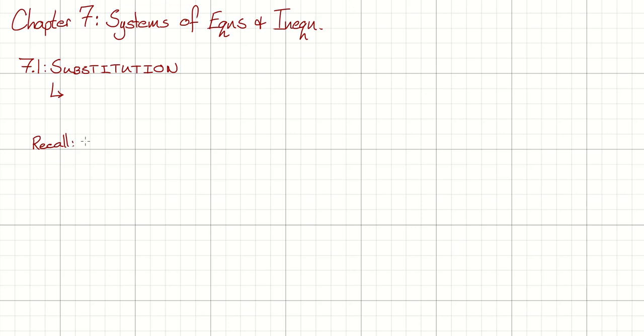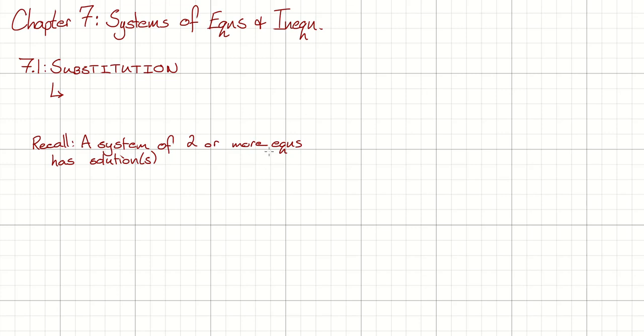Okay. A system of two or more equations has a solution or solutions, which I'm going to just put as solution with an S in parentheses. It depends on the particular situation that we're looking at.